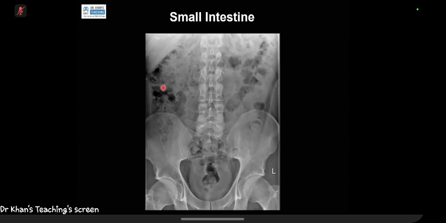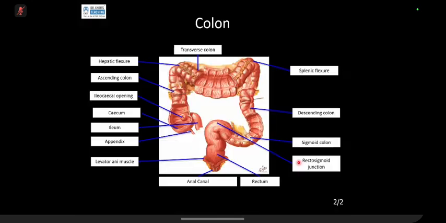It has got a bubbly appearance. And look at this. Do you see these folds here? So this is a portion of the jejunum, actually a portion of the small bowel. You can see this in the rectum and the sigmoid. So there are so many variable types of appearances.